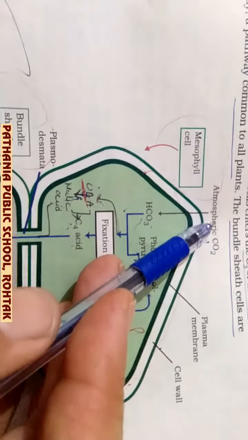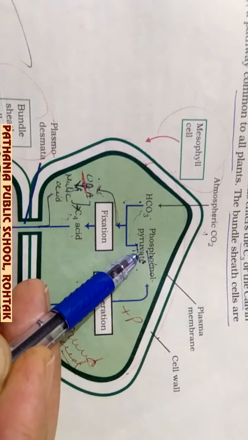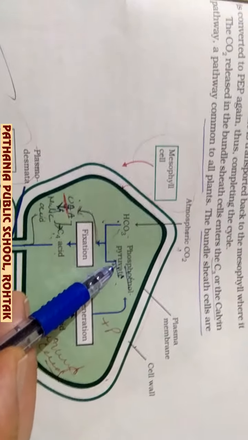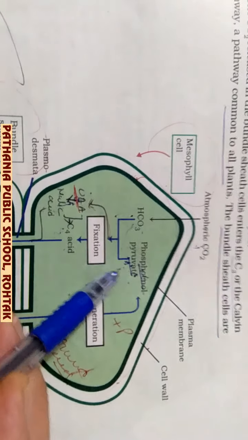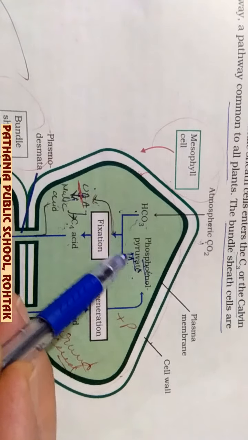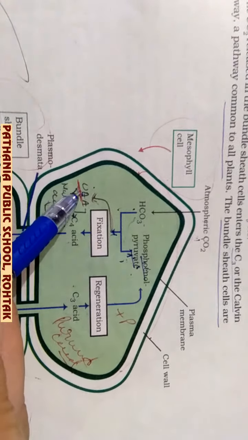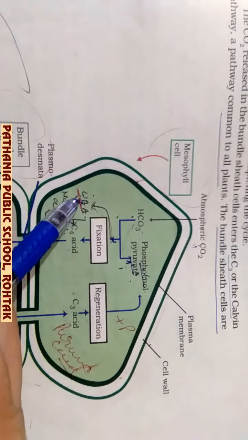Once the carbon dioxide is accepted, the first stable product, which is not written here, is formed, that is oxaloacetic acid, OAA, and this is a 4 carbon compound.